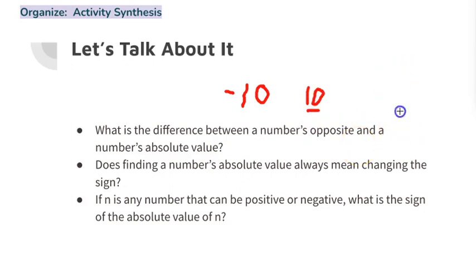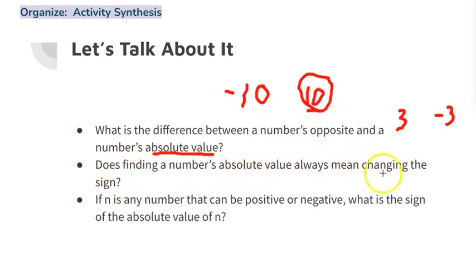No. Think about 3. Its absolute value is 3, right? But what's 3's opposite? Yeah, 3's opposite is -3. So opposite doesn't necessarily mean that it's also the same thing for the absolute value. Absolute value is strictly the distance from that 0.